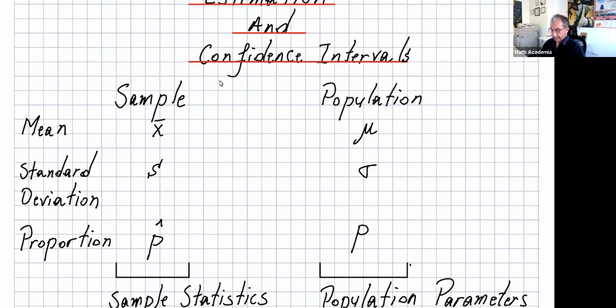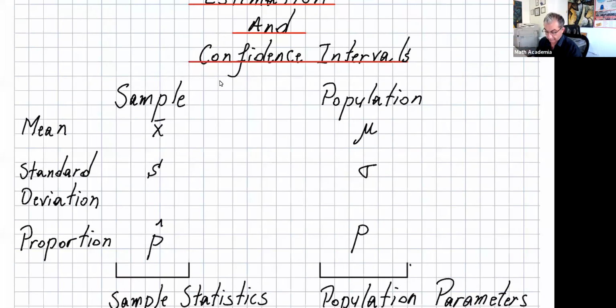When I say 30% of Americans drink coffee in the morning, so that's the proportion. So for sample, we use p hat, and for population, we use p. Same, we learned the population mean is mu, the population standard deviation is sigma.